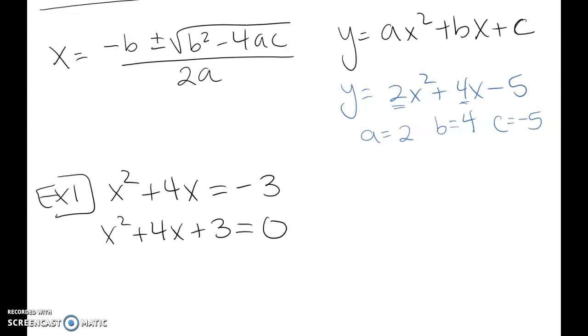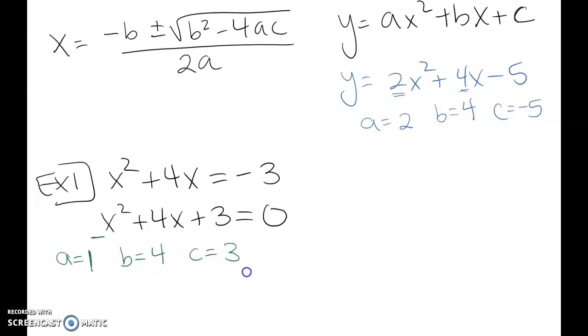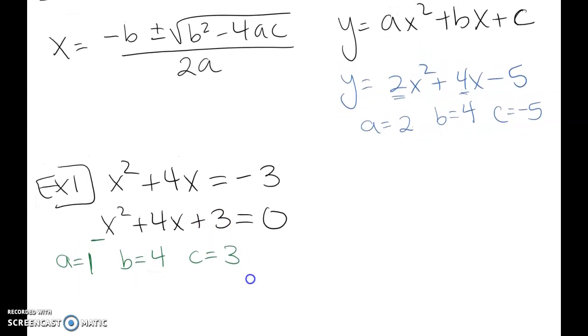Alright, so now that it's in standard form, I'm going to identify my a, b, and c. So a is the number in front here, which is 1. b is the number in front of my x term, which is 4. And c is my constant, which is 3. So now I have a, b, and c. And what I do is I rewrite the quadratic equation with parentheses.